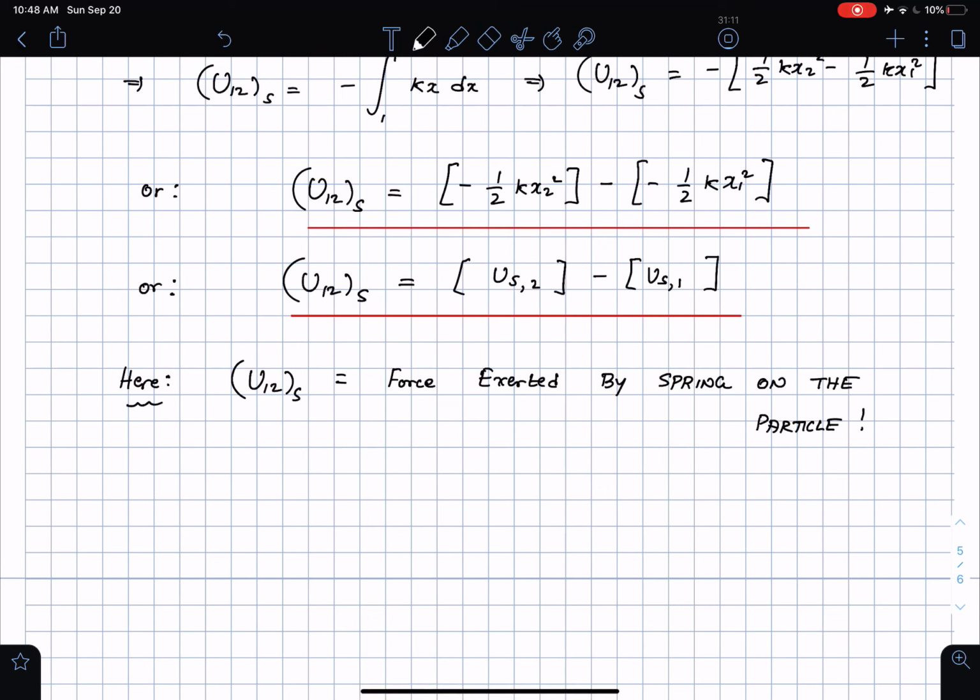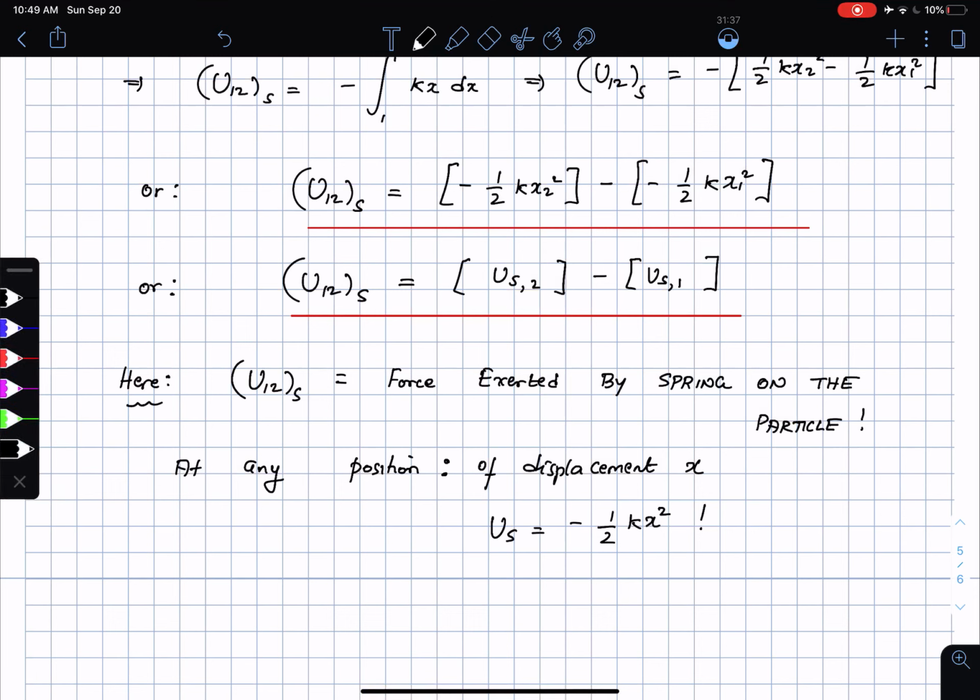All right, which means that US at any position, where the displacement is x, then US is going to be minus half kx squared. Okay, that is something that you want to keep in mind. This might be a little different from what you might have seen earlier probably.